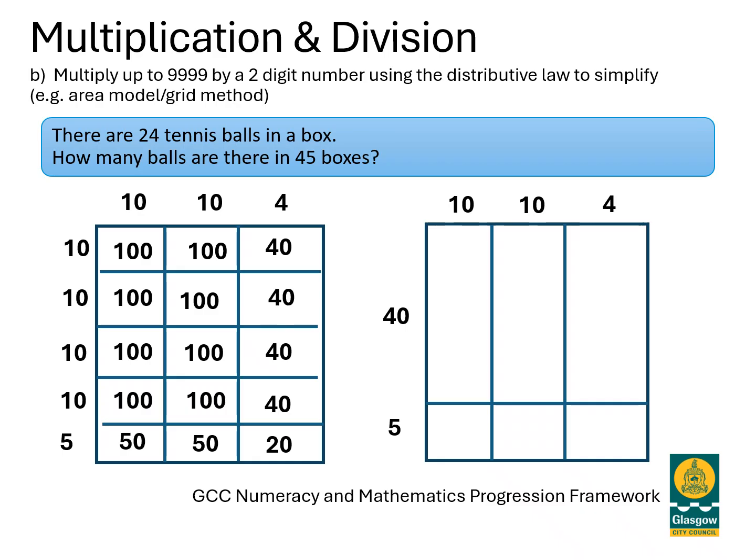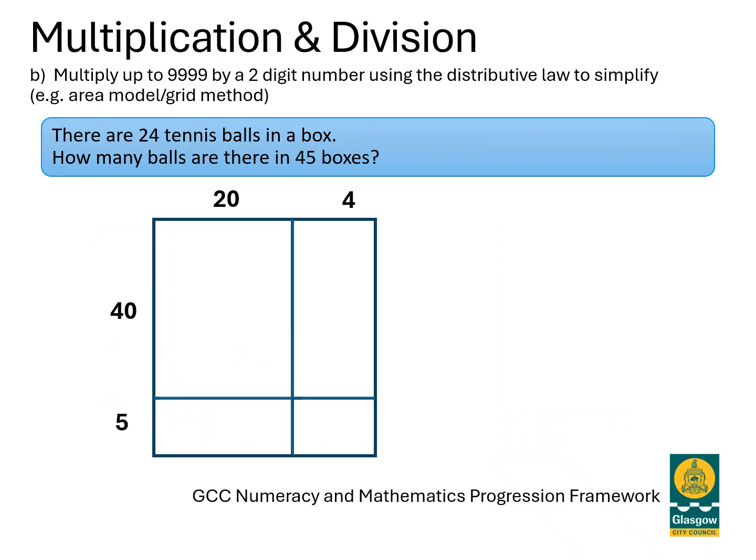So, okay, split up one of your 2-digit numbers into the tens, but keep the other one just in its tens and units, means that we're only doing 6 multiplications and only have 6 numbers to add together at the end. And ultimately, if it's possible, we could move them on to simply partitioning into tens and units for both of the numbers they're dealing with.